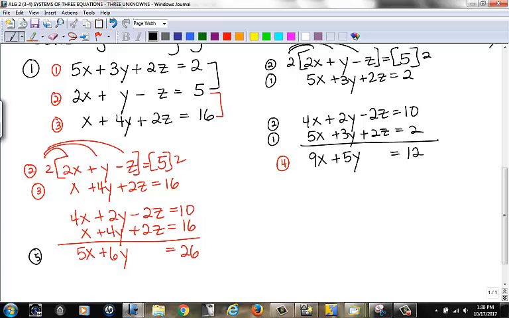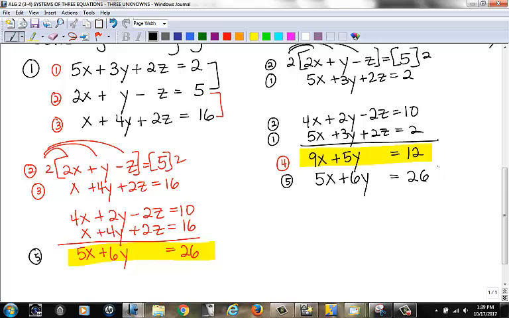5. Now I have equation 4 with 2 variables. I've got this equation with 2 variables, and I've got this equation with 2 variables. So put them together. My equation 5 is 5x plus 6y equals 26. You can eliminate either one.